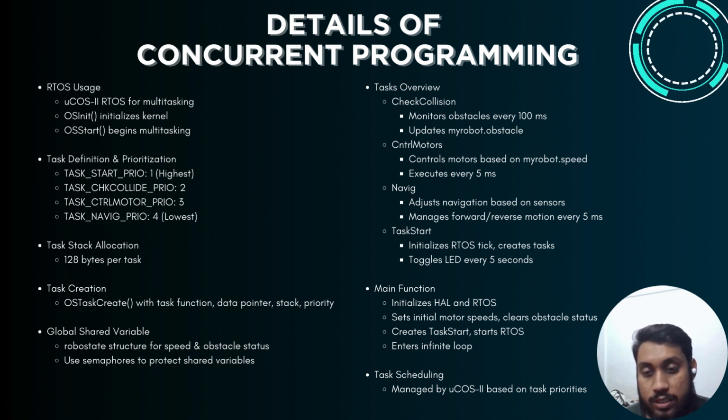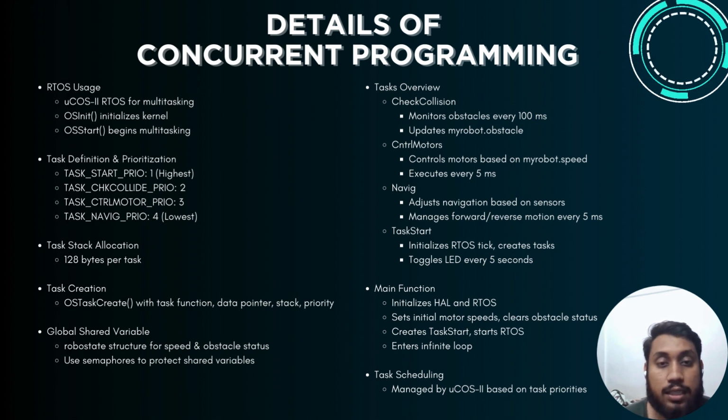Then we have used a global shared variable, a robust structure for speed and obstacle status, and used semaphores to protect the shared variable. If we look at the task overview, there is check collision, then control motors, and then navigation, and then task start.